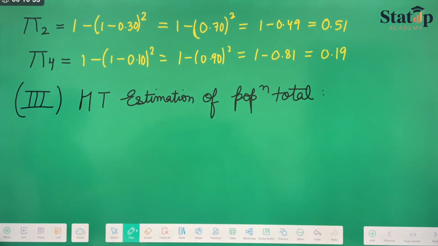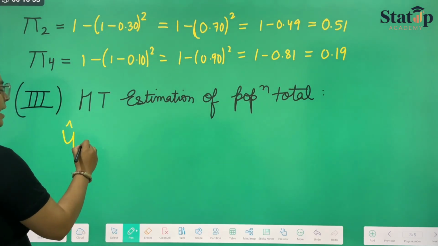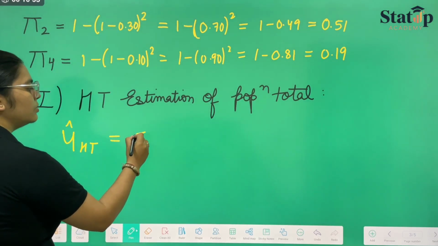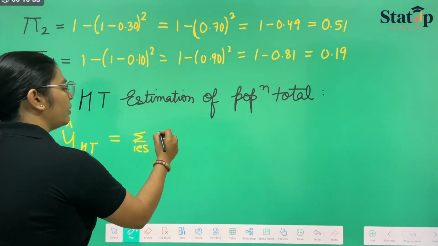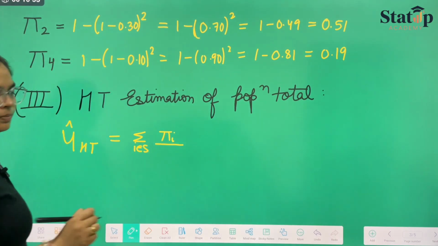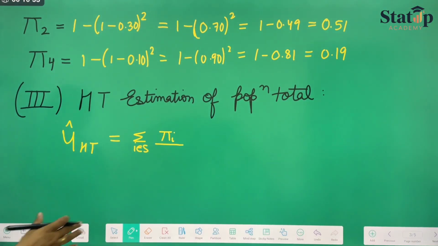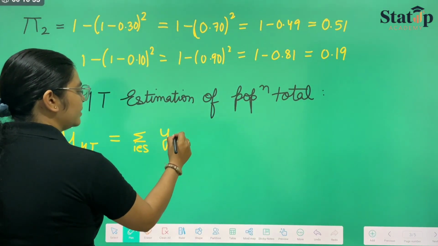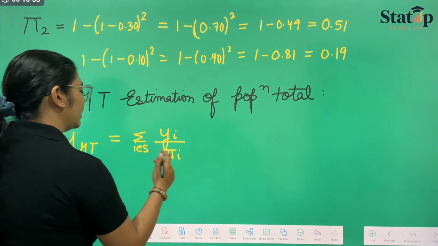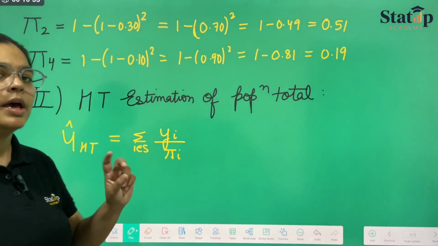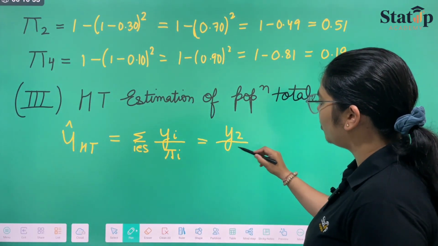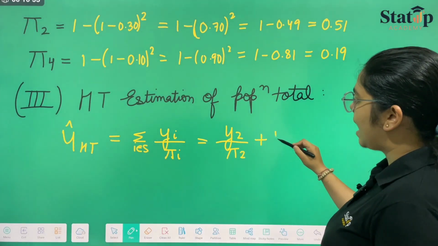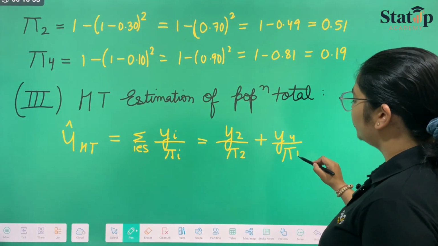So the Horvitz-Thompson estimation of population total is given by Y-cap HT equals the summation over i belonging to S of yi upon πi. Here, i belonging to S means the sampled units. Here we have two samples, so this formula will become y2 upon π2 for the second sample and y4 upon π4 for the fourth sample.